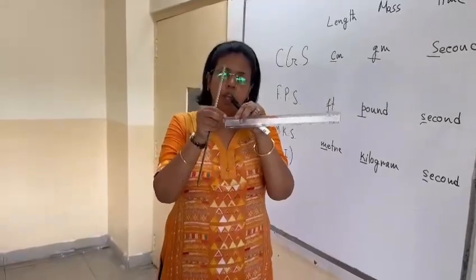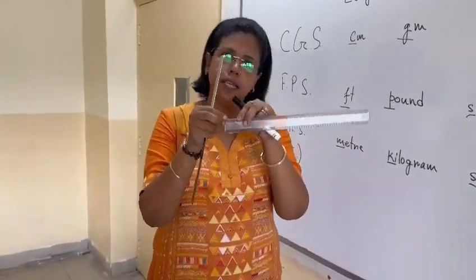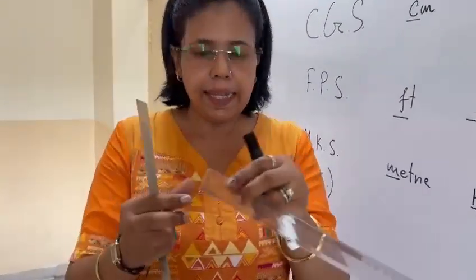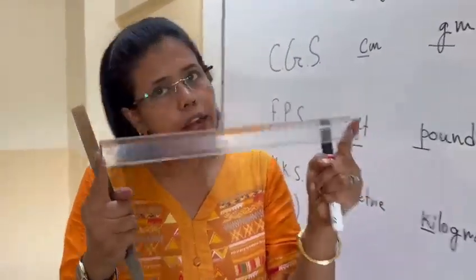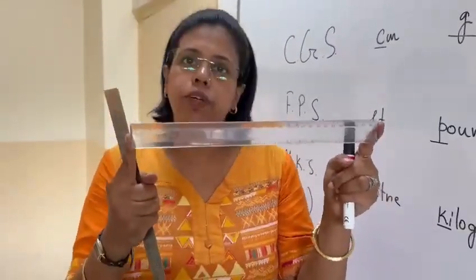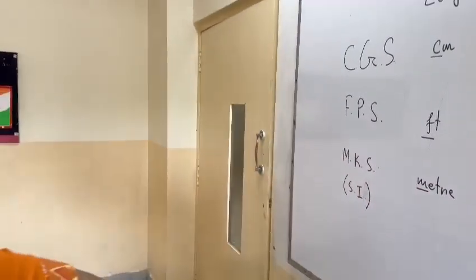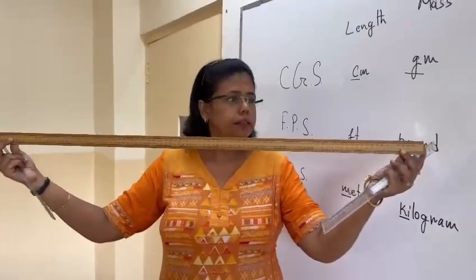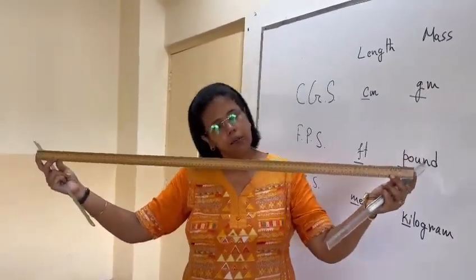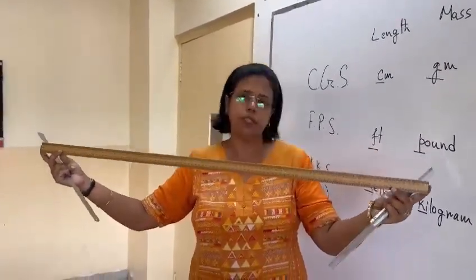This much length is taken as 1 centimeter all over the world. Like that, this much length is taken as 1 foot all over the world, and this is the 1 meter scale. This much length is taken as 1 meter all over the world.